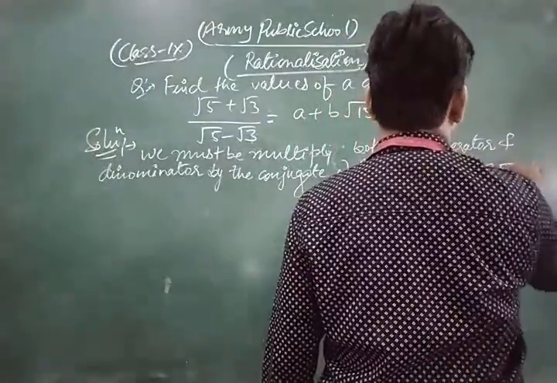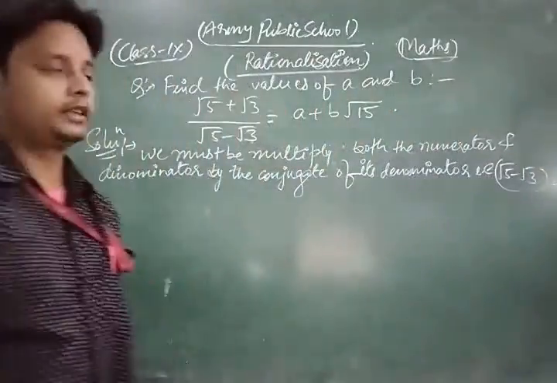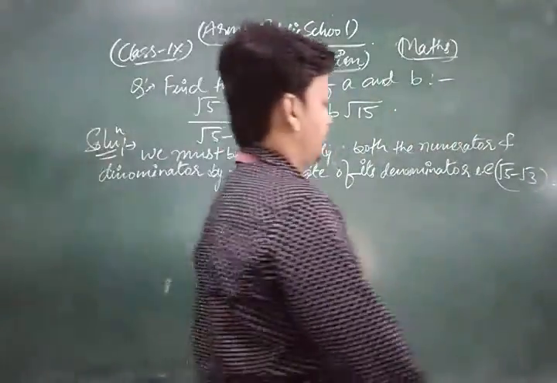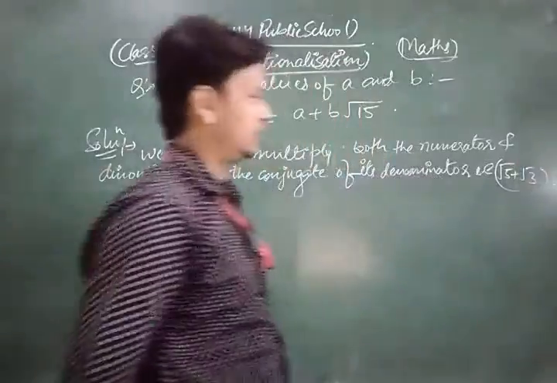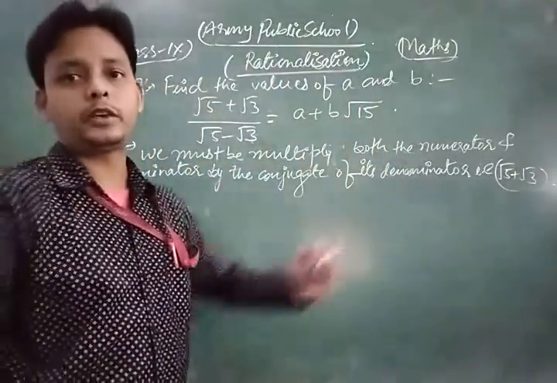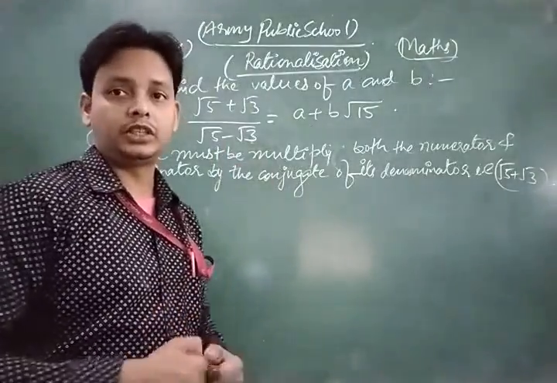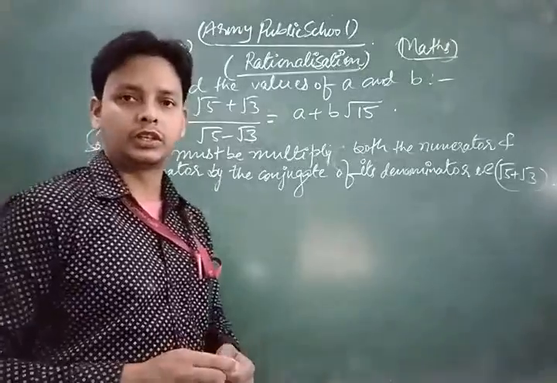The denominator is under root 5 minus under root 3, so its conjugate is under root 5 plus under root 3.